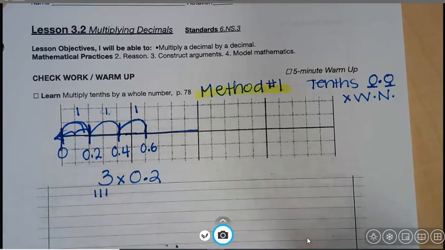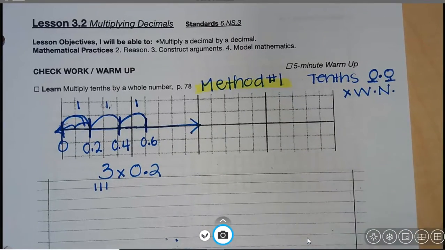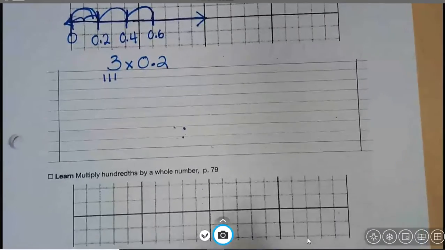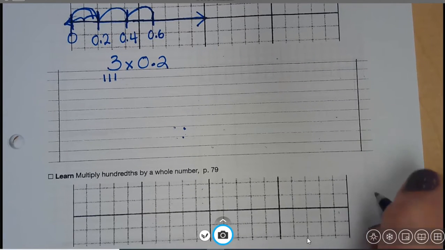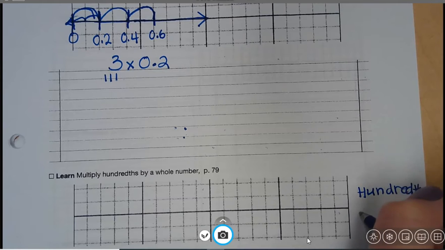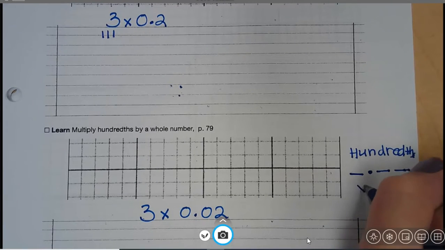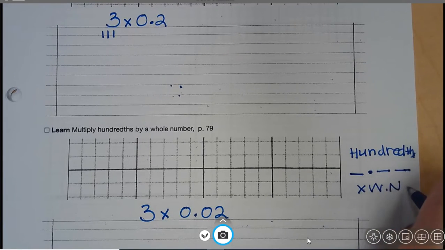Okay? I could also do this with the hundredths place. So down here I could multiply 3 times 2 hundredths. That would be a whole number times a decimal with 2 place values behind the decimal point.